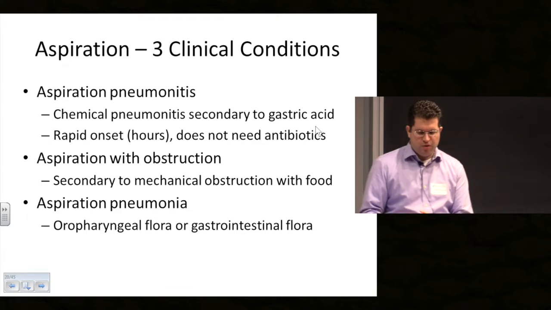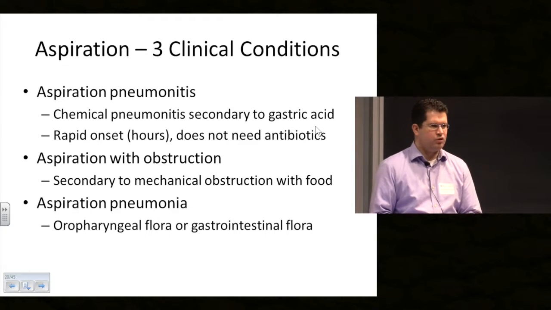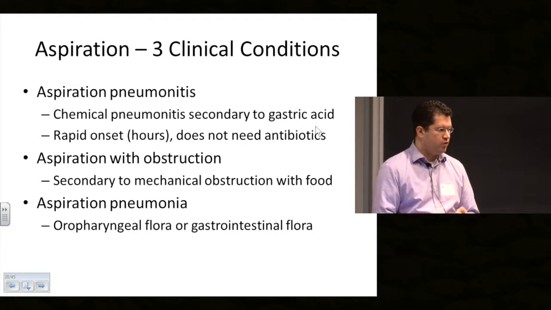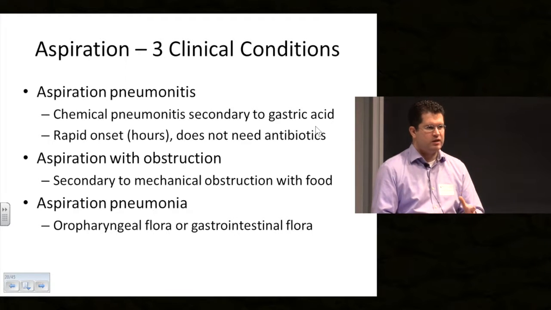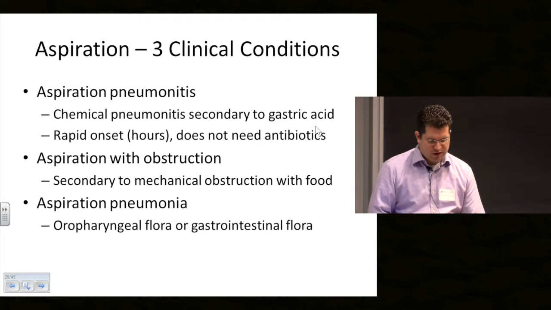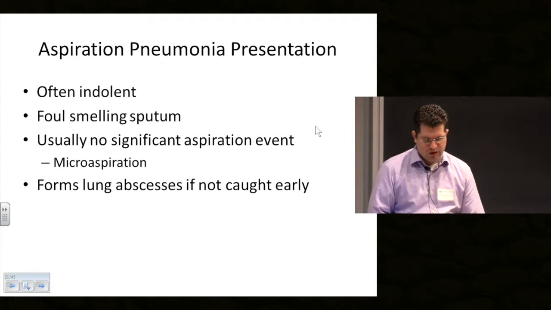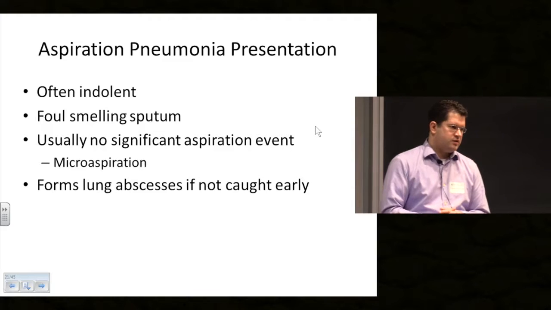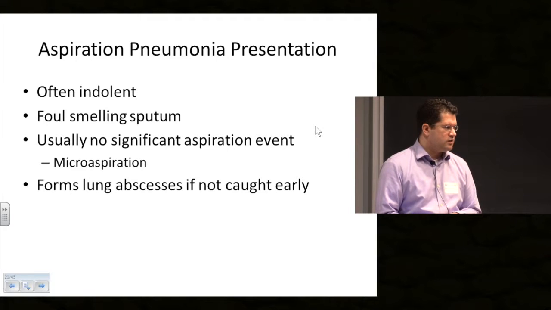And then there's what we talk about more, which is aspiration pneumonia, and that's that recurrent microaspiration of normal flora. So it's not that they've picked up a bug that they've aspirated in, it's their own flora that they're microaspirating into their lungs over and over again, and it can include gastrointestinal flora as well. The presentation is different in that it's often indolent. This comes on slowly.